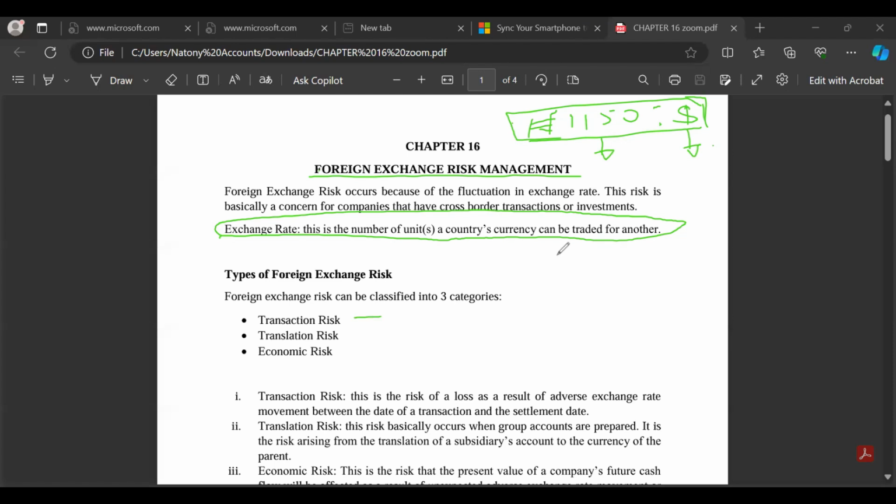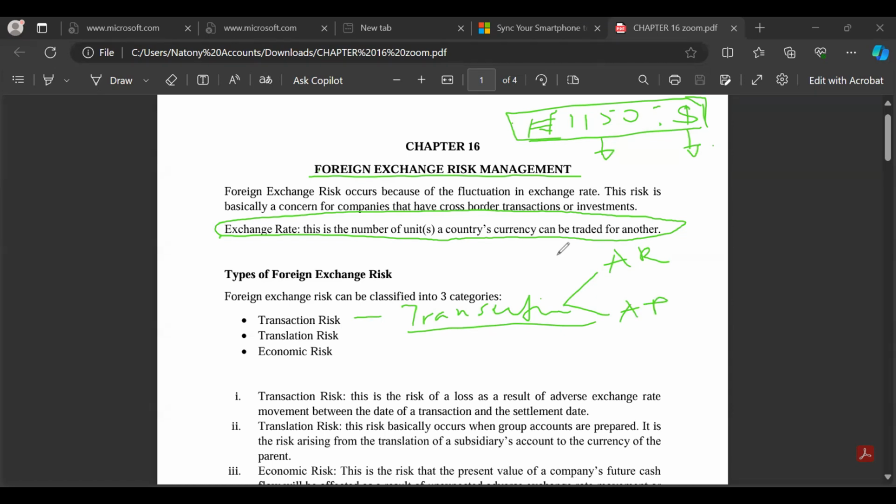The first is the transaction risk. This basically occurs as a result of cross-border transactions. The transaction will either be accounts receivable or accounts payable.